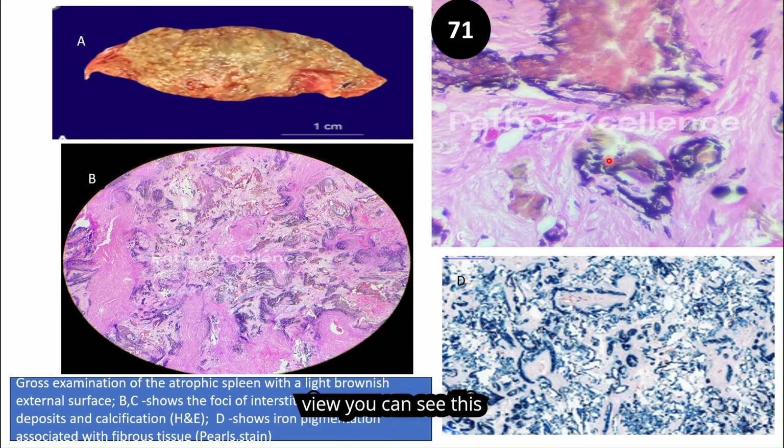So in high power view you can see this purple or blue calcification and these brown flakes or iron deposits, and you can appreciate this iron pigment by special stain, Perls stain. So this is a specimen of spleen showing Gamna-Gandy bodies.